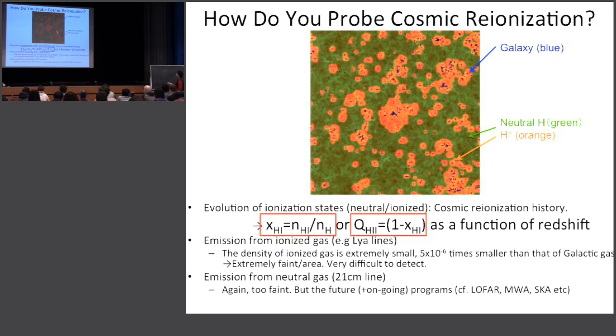Of course, if you can observe the volume fraction of the ionized IGM and the neutral IGM directly, then it is very easy. But in fact, it is very, very difficult to quantify the ionized fraction and the neutral fraction by observations, because the intergalactic medium is very, very diffuse.